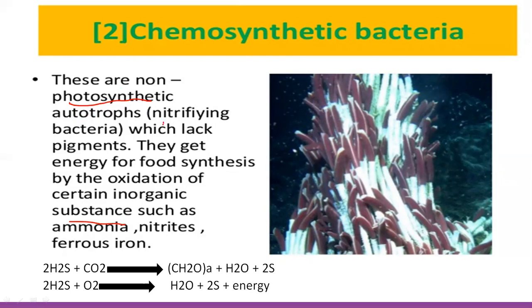They are also nitrifying bacteria. They lack pigments, they don't have bacterial chlorophyll or carotenoids, but they get energy for food synthesis by the oxidation of certain inorganic substances like ammonia, nitrates, and ferrous iron.